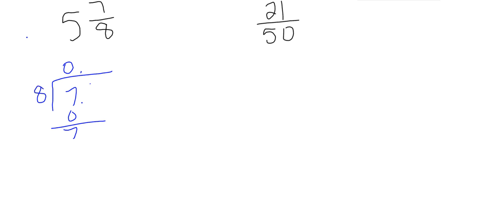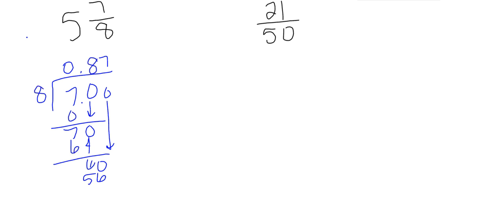For my 0, and then I bring down the 0. 8 goes into 70 8 times. 8 times 8 is 64. Bring in a 6. I bring another 0 down. 8 goes into 60 7 times. So it'd be 56.